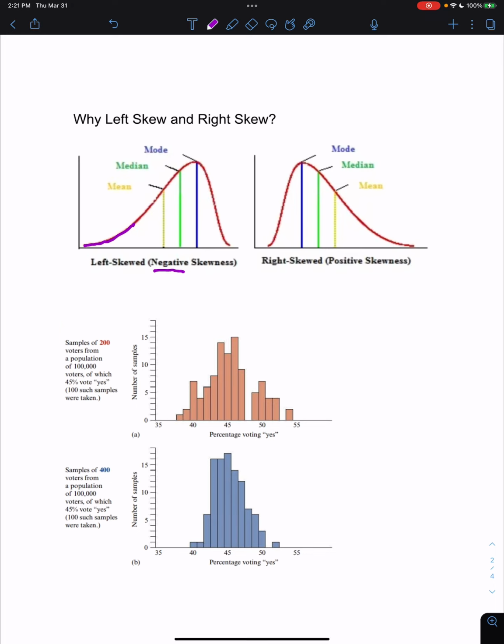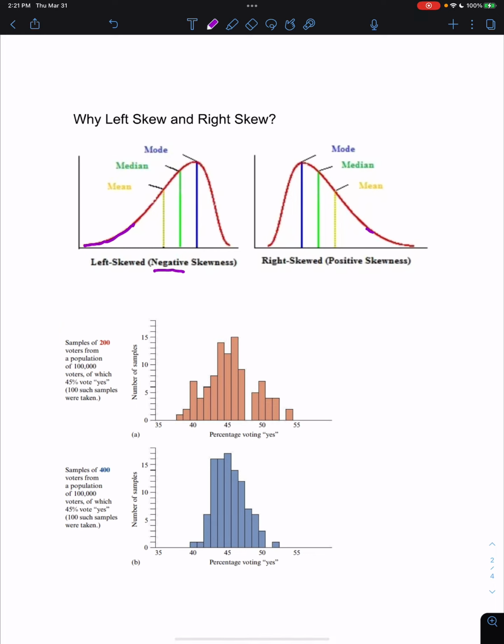If that helps you remember, the tail is on the left for left skew. That's great. Whatever you can use to remember this. The other thing you can remember is the mean is to the left of the median and the mode. So the mean is skewed to the left of the median and the mode. I don't know if that helps, but it's one way to remember it.